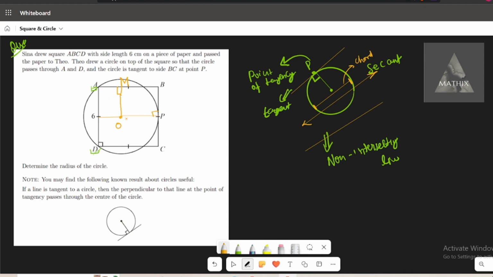One thing you can see is that if O is the center of the circle, then OP is the radius R, and OA is also the radius R.